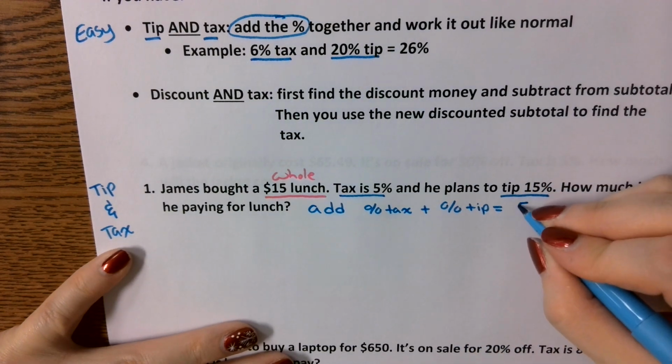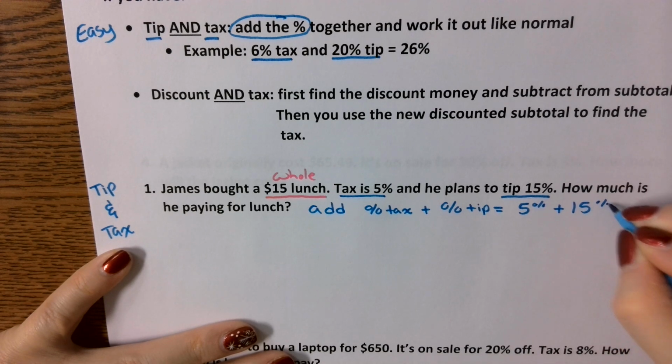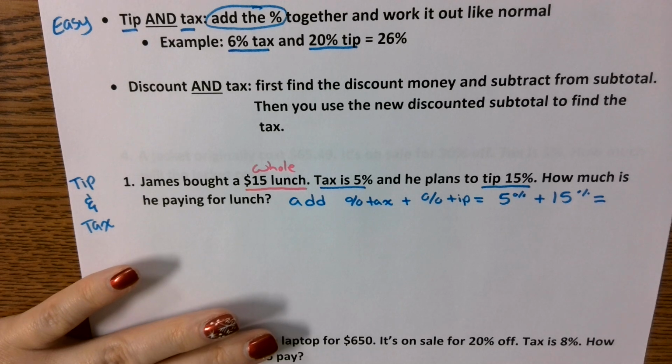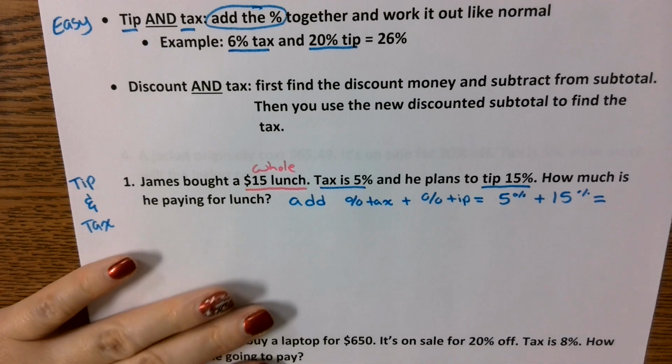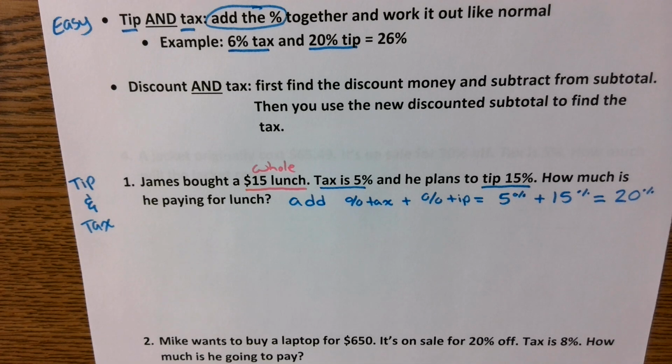That means I'm going to add 5% plus 15% together. So how much is that going to equal? What's 5 plus 15? 20. So we've got 20%. So we're going to pretend like this problem is only giving us 20% as our percentage.